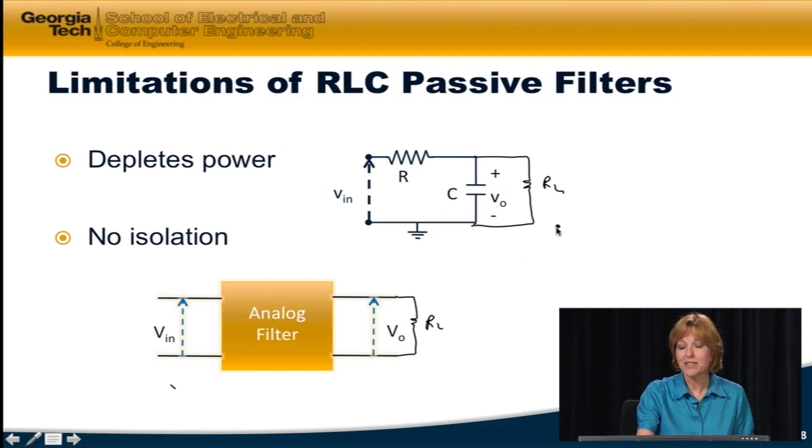So it's not isolated, because V0 depends on what I hook up to it. And the same thing goes for the input. Suppose I measure something from a sensor and then I put my filter on it, I can change that signal. It's sort of like the Heisenberg uncertainty principle. When you try to measure something, you've changed it. I don't want to change it. And that's the problem with a passive filter. I don't have this isolation there. I change it.